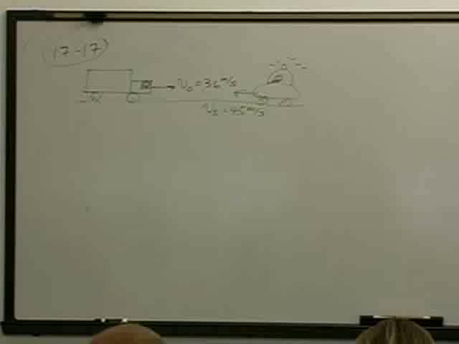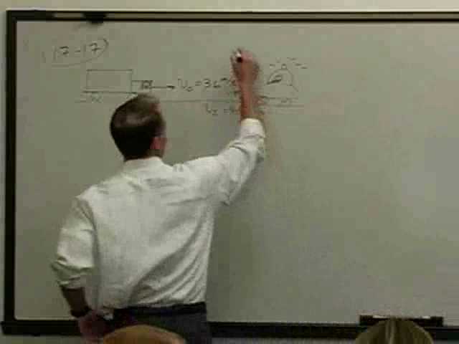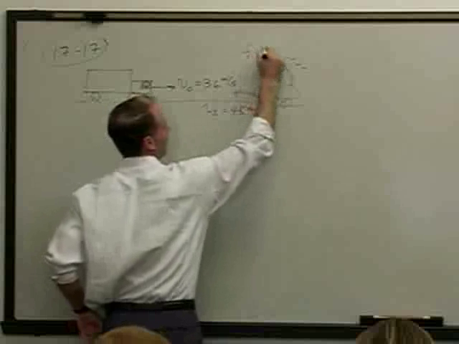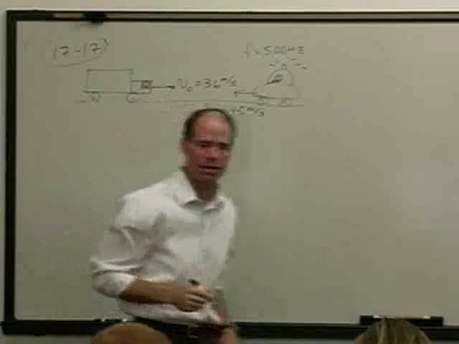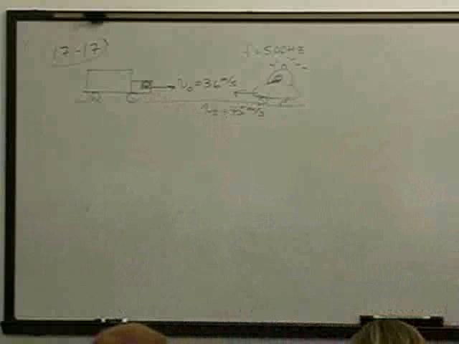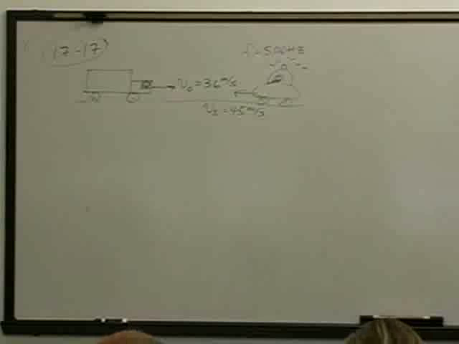Frequency of the siren is 500 hertz. It says as observed by the police car. Let's see, how do they say it? Frequency of the siren is 500 hertz relative to the police car. So what that means is if you're right there with the siren, that is the actual frequency of the siren.